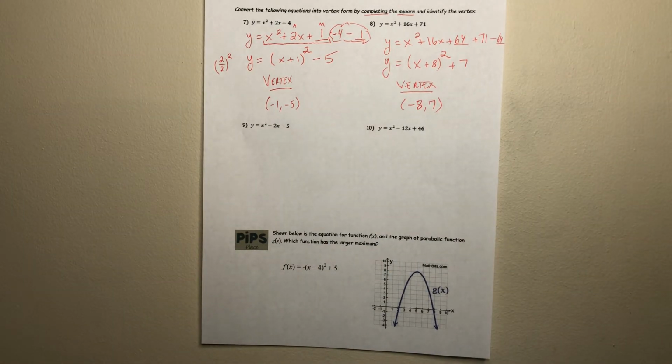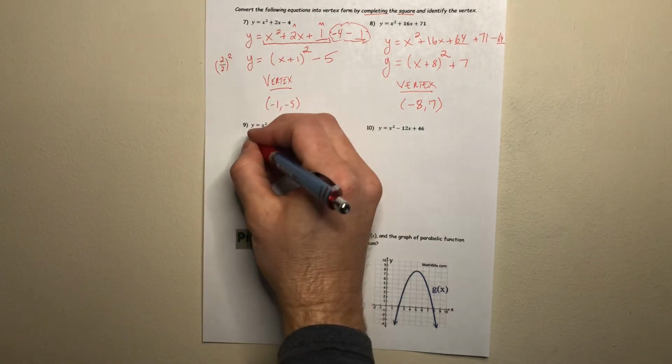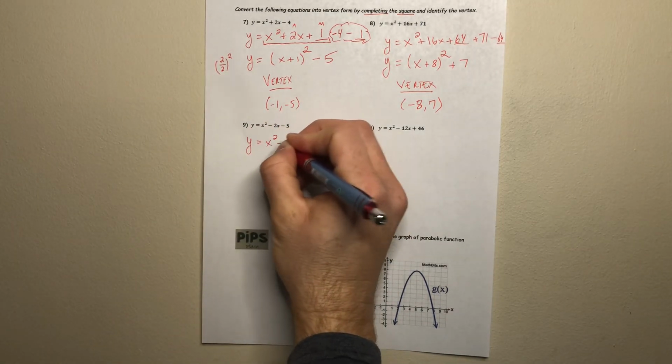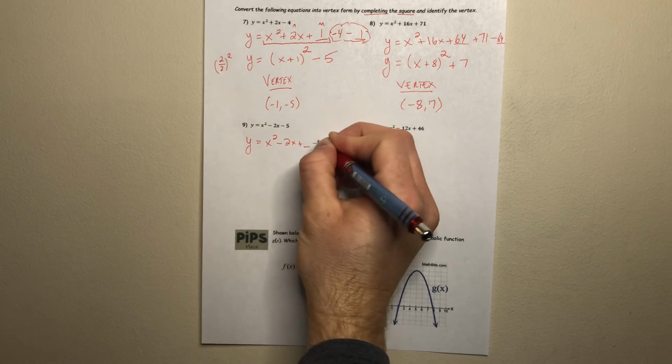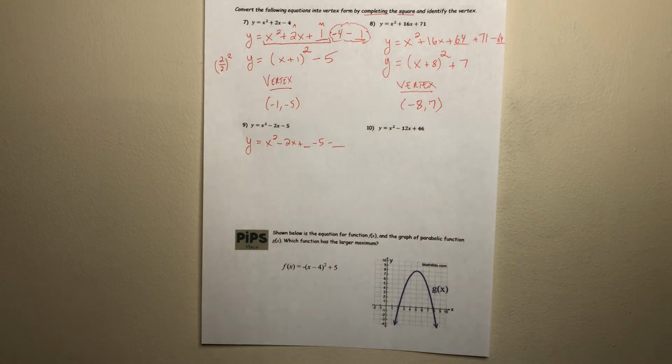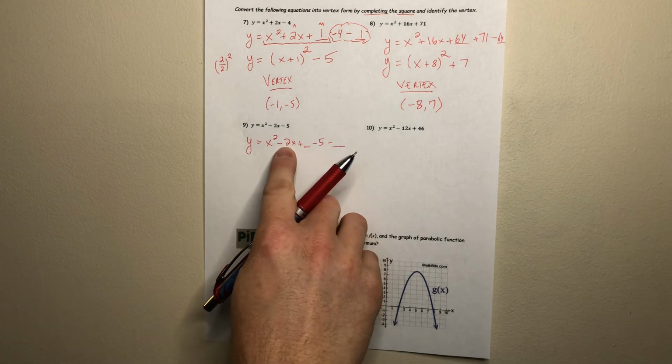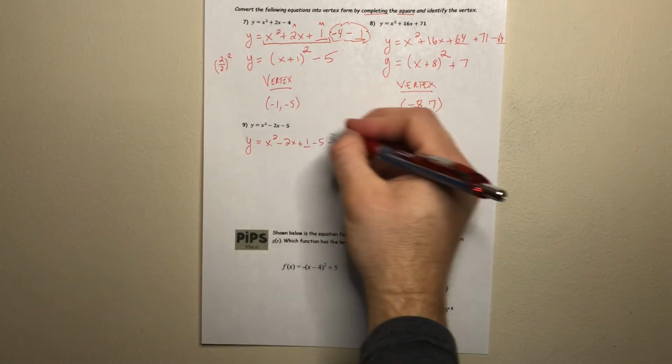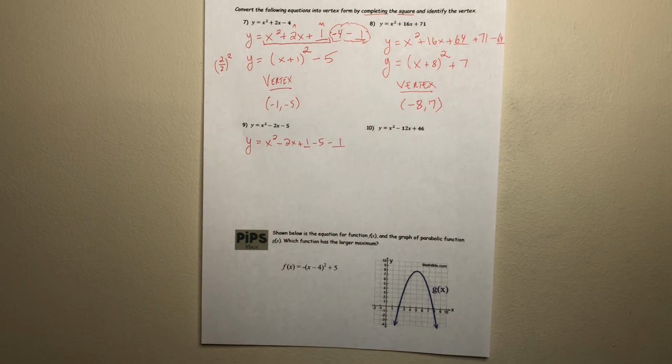All right, if you get it by now, pause the video, try the next 2, replay it, and then attempt to follow the video and see if you get it right. All right, here we go. x squared minus 2x plus something minus 5 minus something. Half of 2 is 1, 1 squared is 1, so I'm going to add and subtract 1.